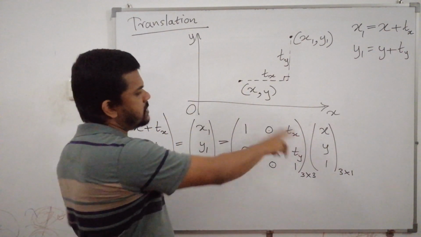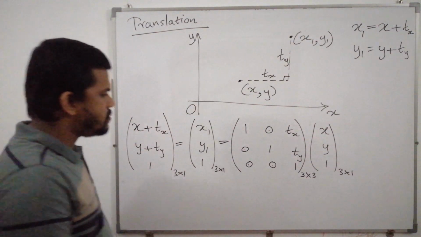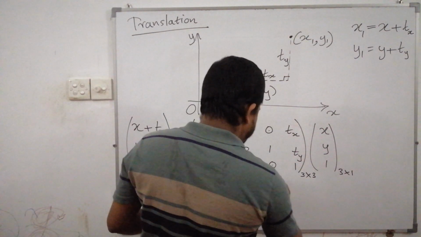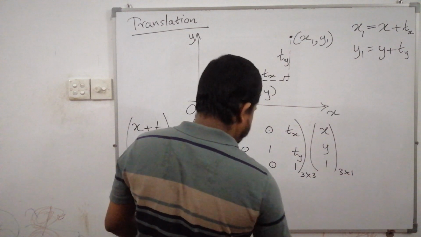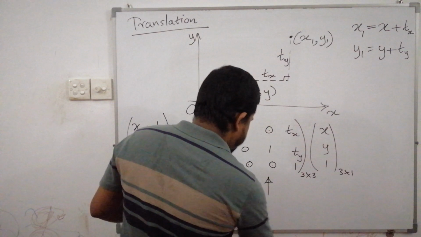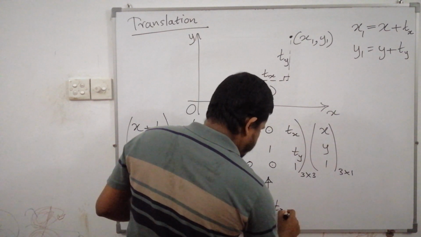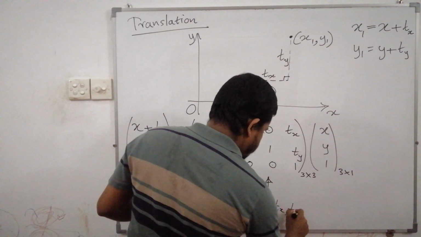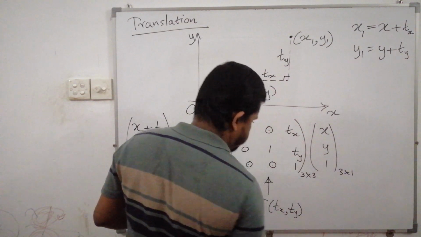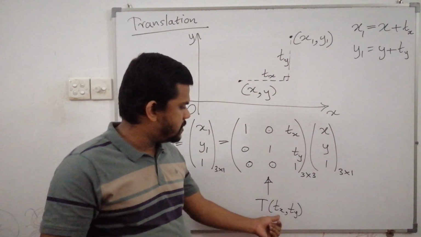Therefore, we call this the translation matrix. And we represent it like this: capital T, tx comma ty. 2 parameters.